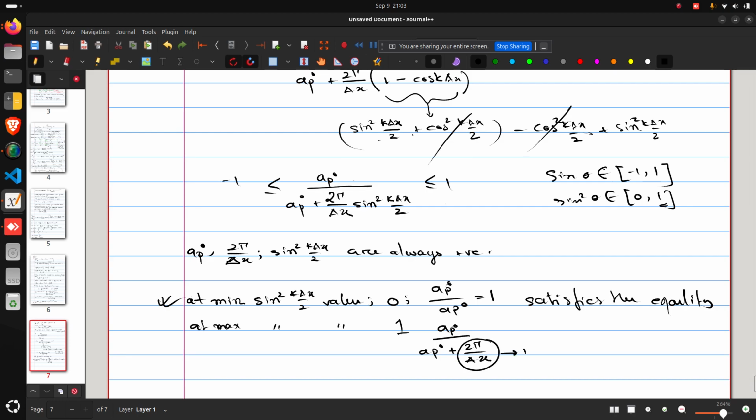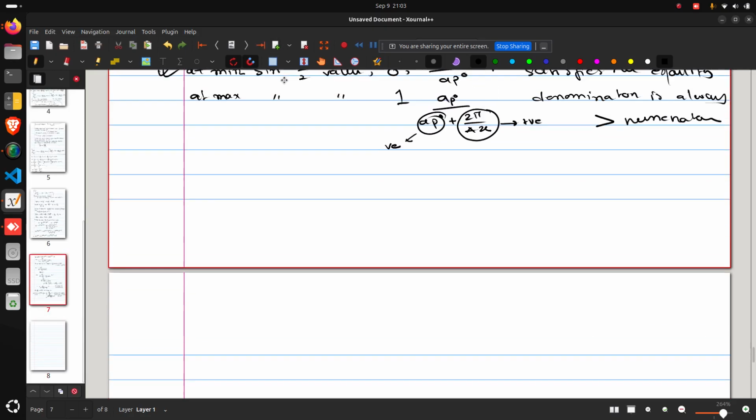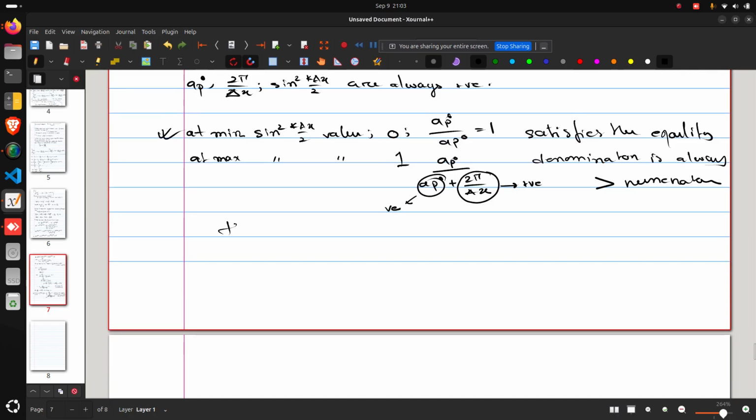Since this is also positive, the denominator is always greater than the numerator, right? So since the denominator is always greater than the numerator, the inequality is also satisfied.